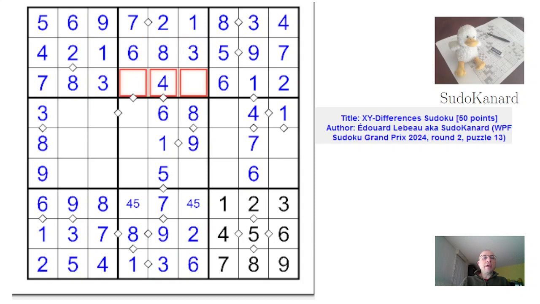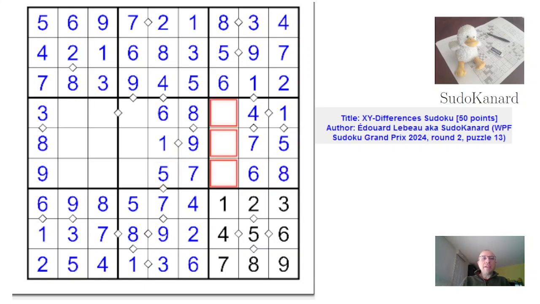Here I need 5 and 9, so that's 5 here, 9 there. 5 here, 4 there, and the rest should be plain Sudoku, I think. Oh, actually, this 4 tells us that this is 5, but this 5 could have told us as much.